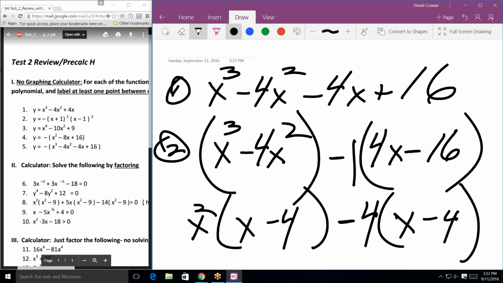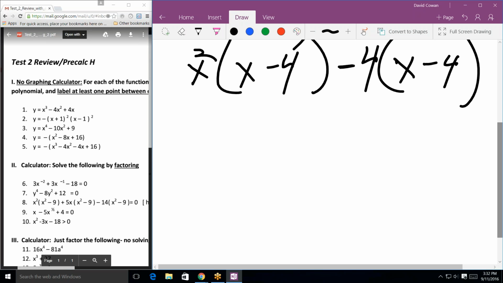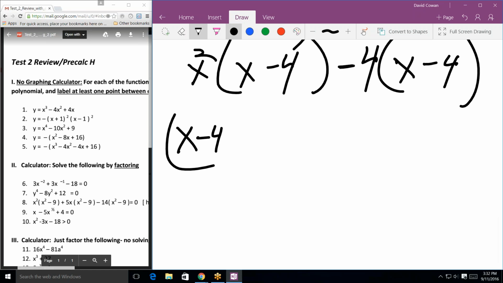Now, hold on. What do I do at this point? And this is not all that obvious. Once I have it down to this step right here, I'm not very sure. What's the greatest common factor? x minus 4. And this is different because you're not used to factoring out binomial terms.